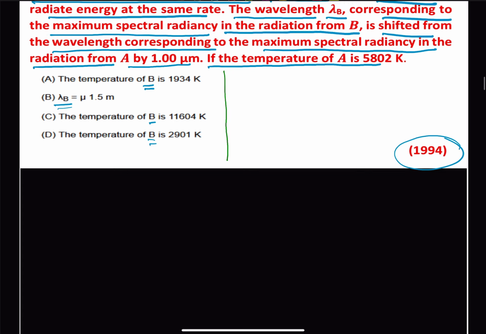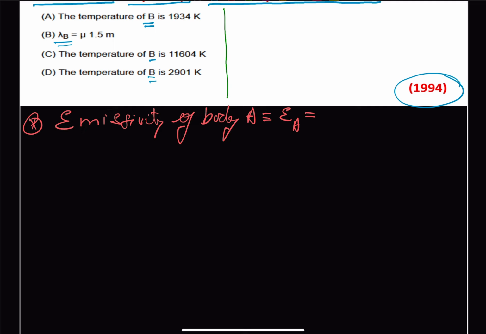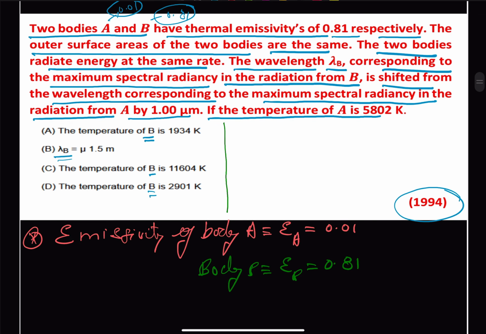So we can say for body A, we get the emissivity of body A, which is epsilon of A is 0.01, and we have the emissivity of body B, that is epsilon of B is 0.81, and we are given that they have the same outer surface area.